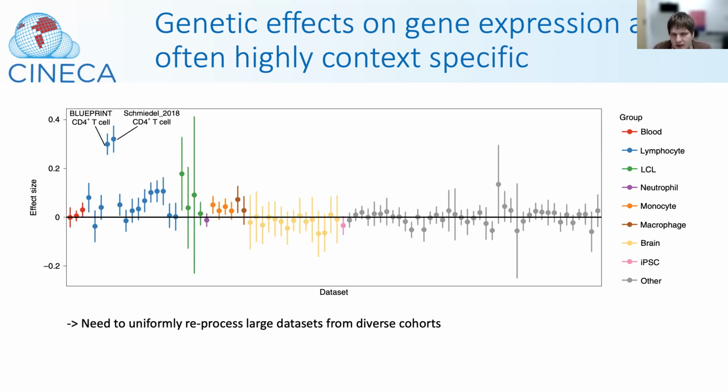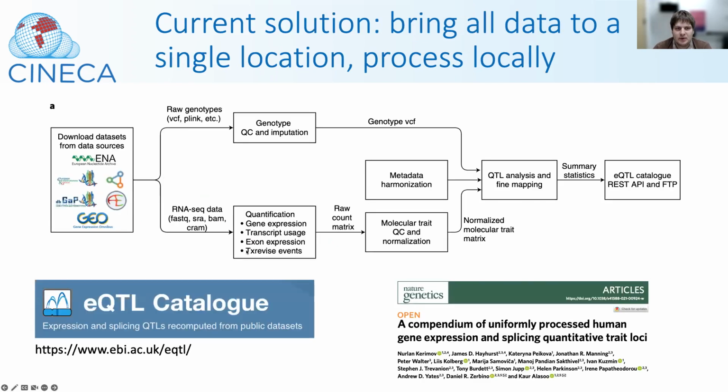And so the caveat of this is that to be able to find this association with gene expression, we need very large data sets from very diverse cell types and tissues, and we need to process all of them in the same way. So that's what we've been doing in the eQTL catalog project. So the current solution in the eQTL catalog is that we bring all of the data to a single location and then process the data locally.